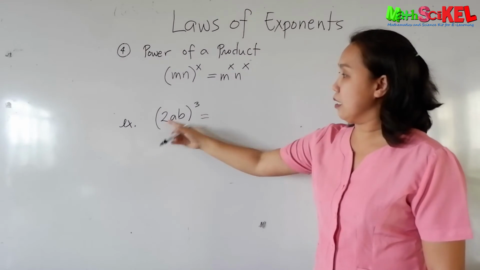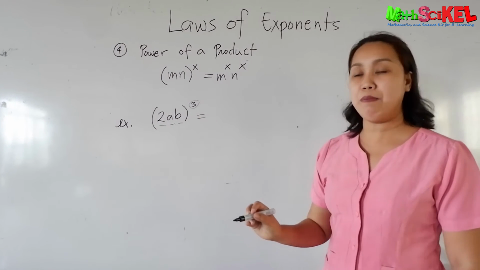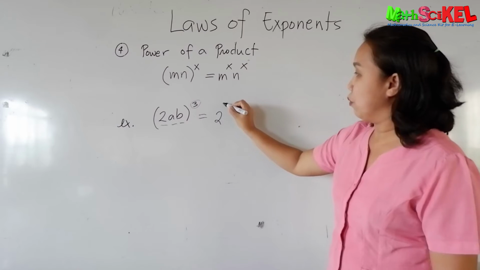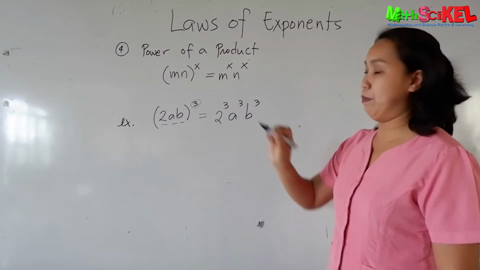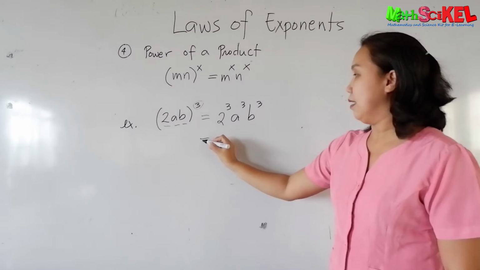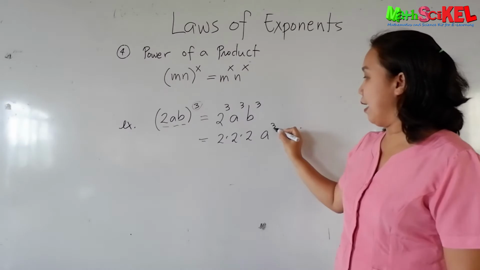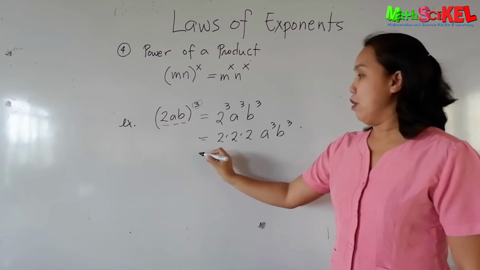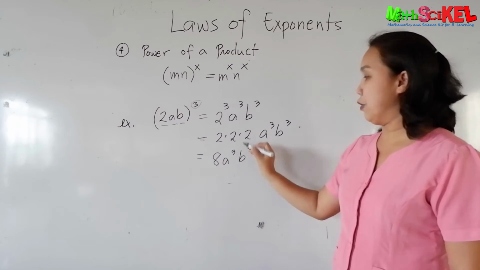We will distribute the exponent to each term, so this will become 2 cubed, a cubed, b cubed. Simplify: 2 times 2 times 2 is 8, so it becomes 8 a cubed b cubed.